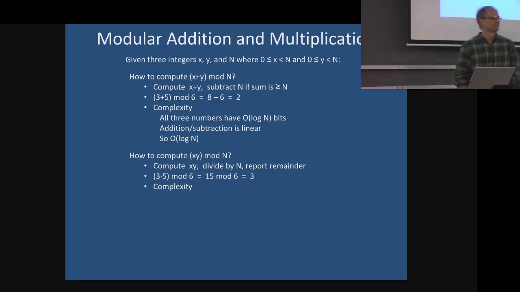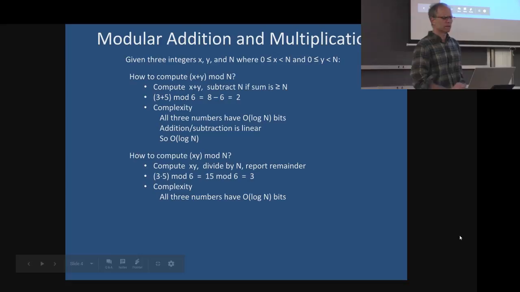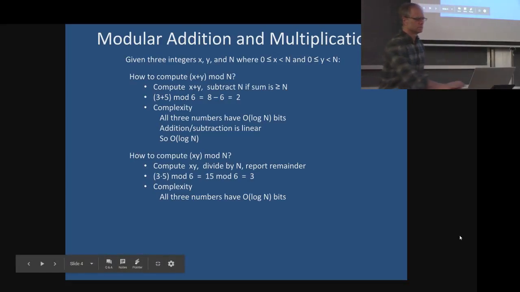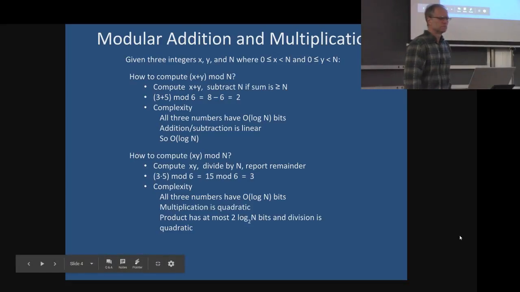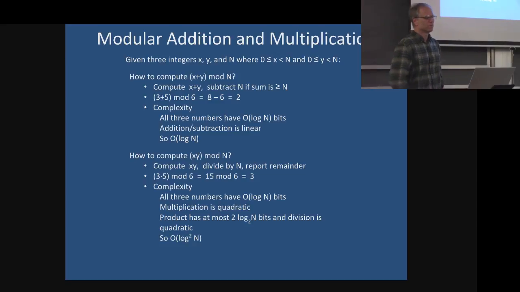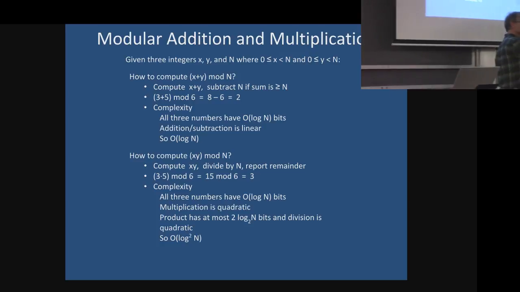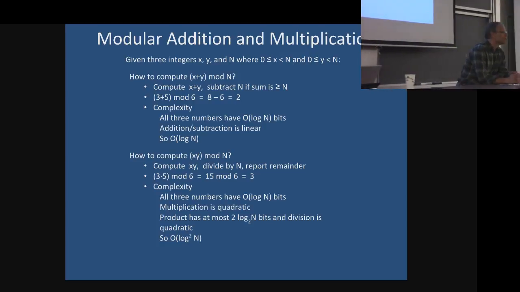So it's the square of that. Long way of saying it's n squared where n is the number of bits. In practice, division is done basically with multiplication. It's the same time complexity as multiplication. So computing a remainder would be the same complexity as multiplication.